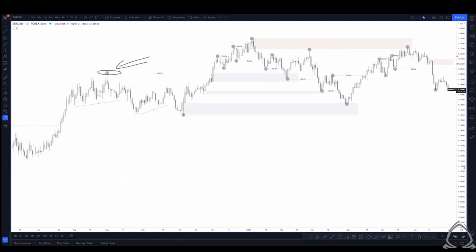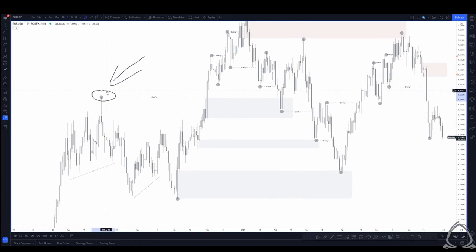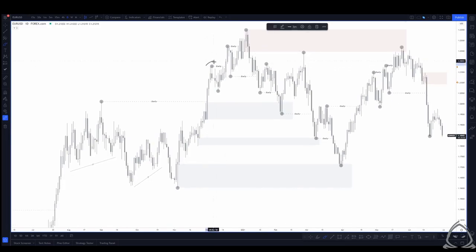But as we can see, price does end up breaking this high, creating a higher high. And what we can see as price begins to correct once we put in this high is a complex pullback where initially we might think that this is the higher low. We have this as a higher low, and then price finally moves to the upside, breaks to the upside, creating a higher high right here.